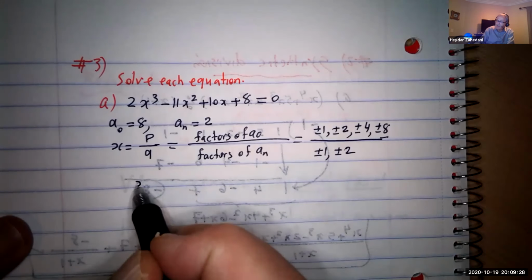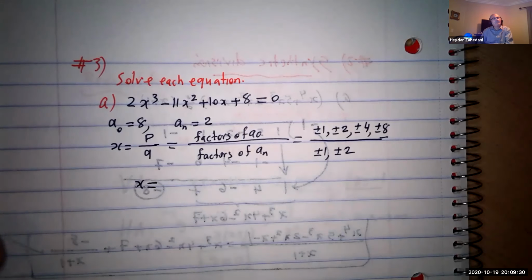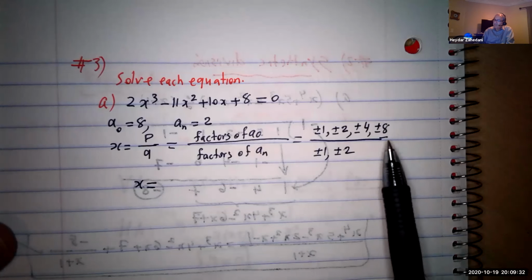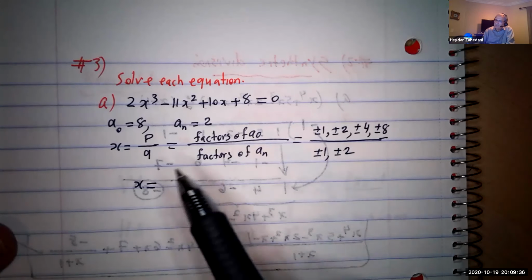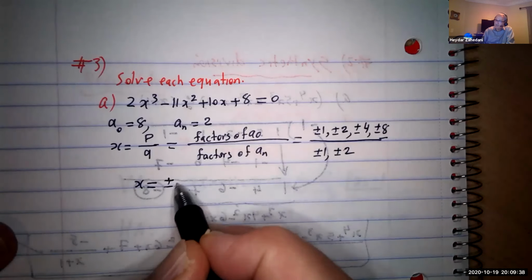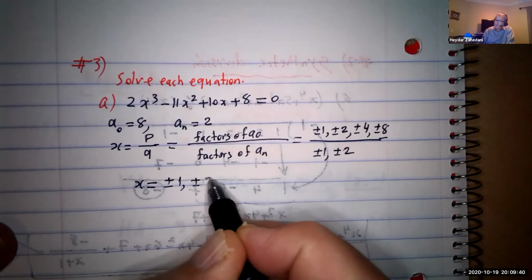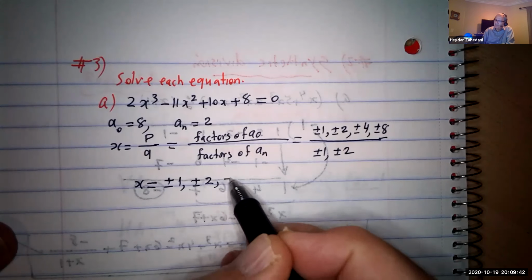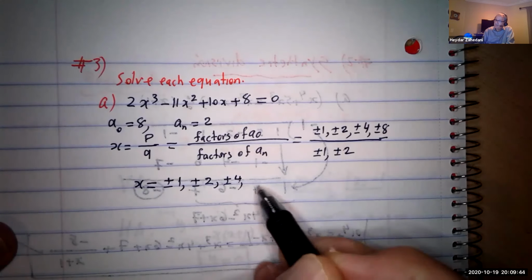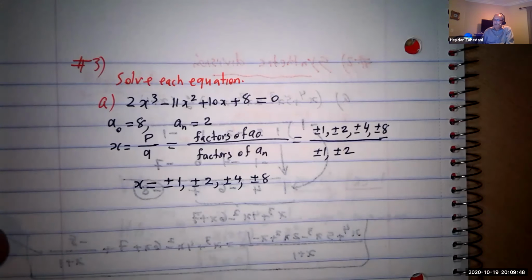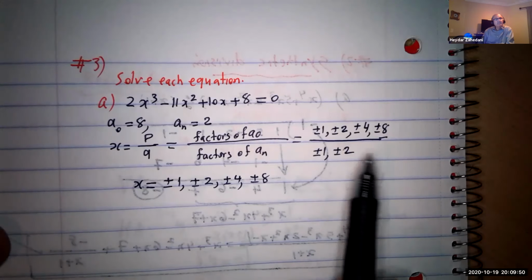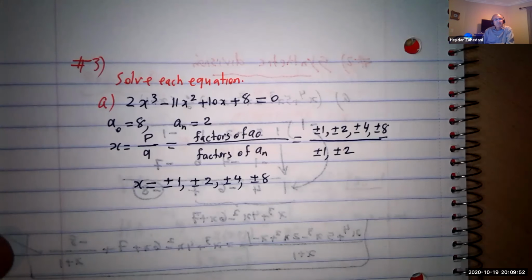So x is going to be equal to, if you divide all of them by 1, they give you the same ones: plus or minus 1, plus or minus 2, plus or minus 4, plus or minus 8. And then you divide by 2 again in case you get more numbers.